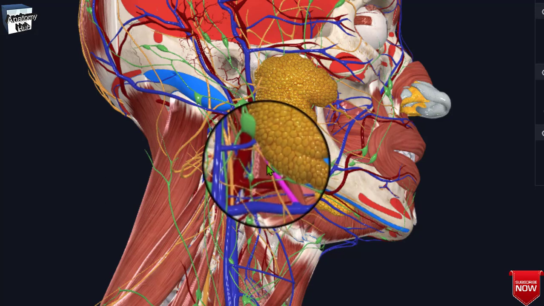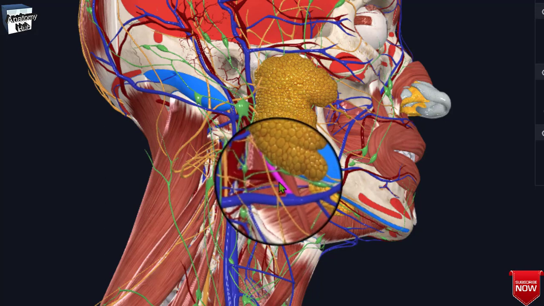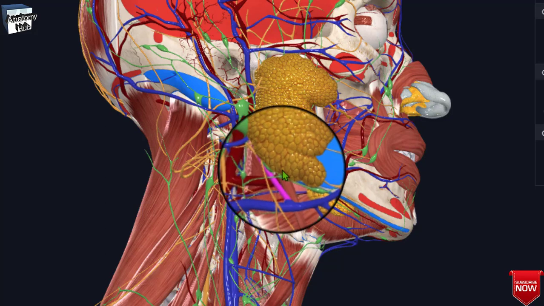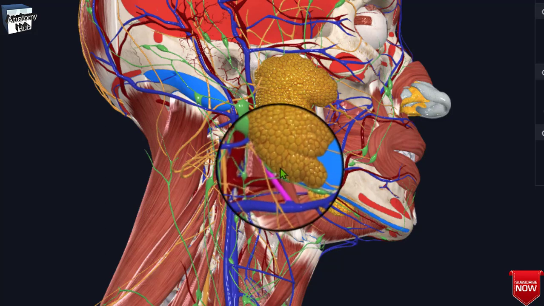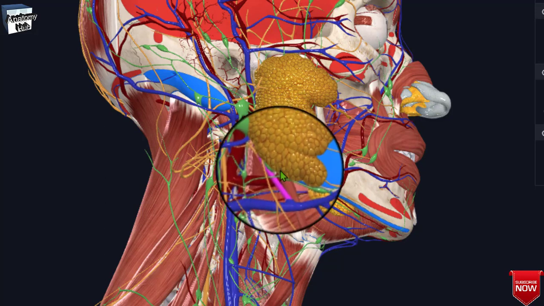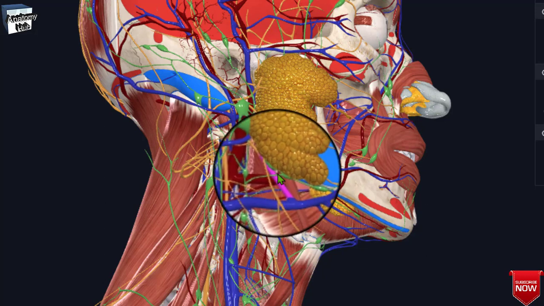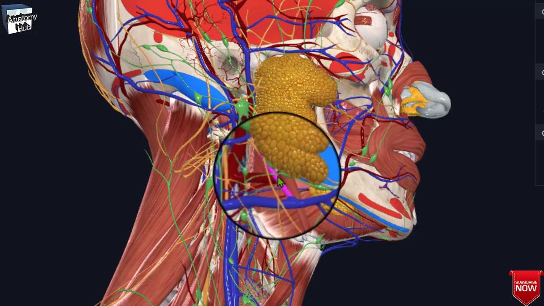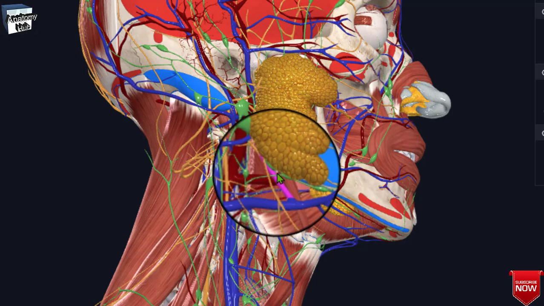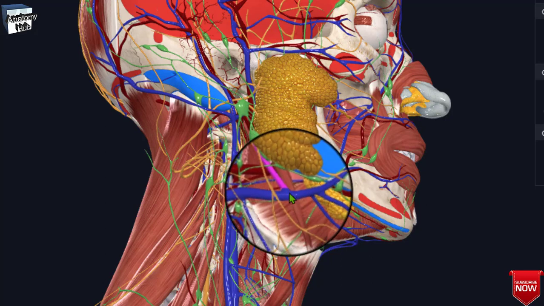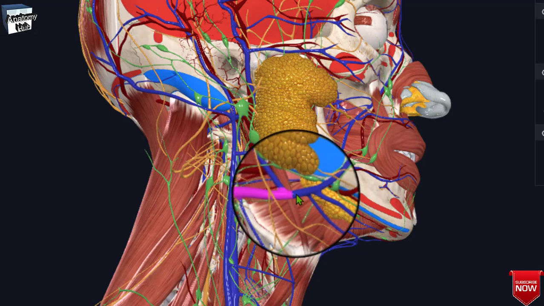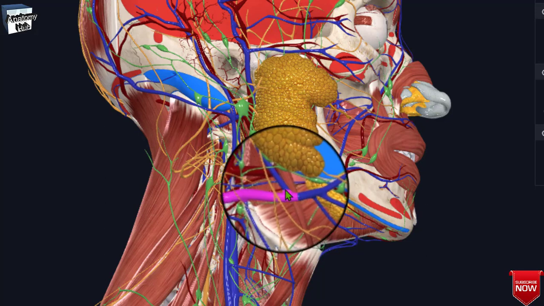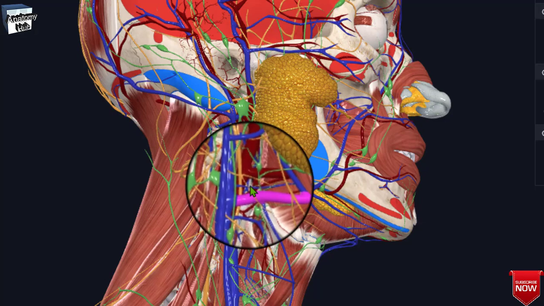It passes caudally towards the apex of the parotid gland, and it leaves posteriorly to divide into anterior and posterior branches. Then the vein joins with the facial vein that you can observe over here. This is your facial vein, and later they join the posterior auricular vein also.